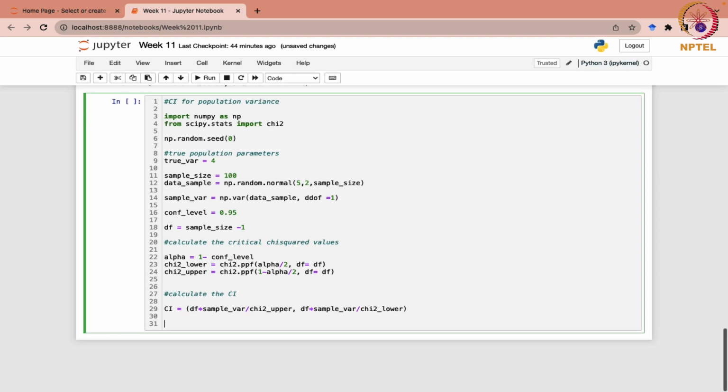Okay, finally you would print it. So these are the steps that we have already performed in theory, and now we are just implementing that.